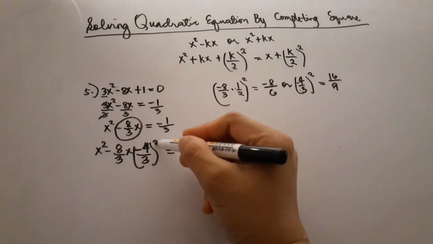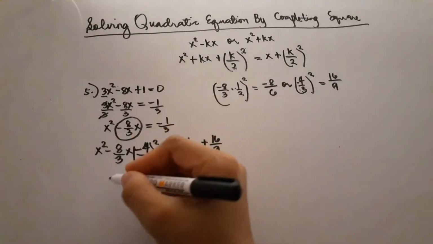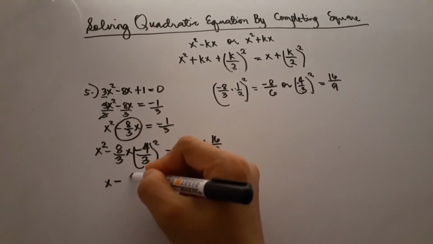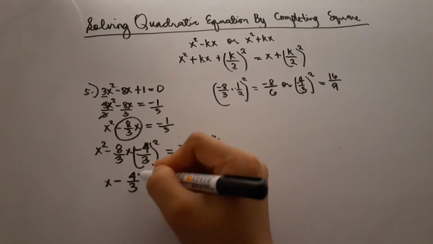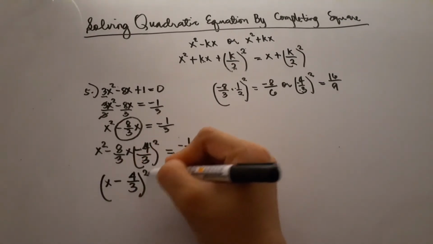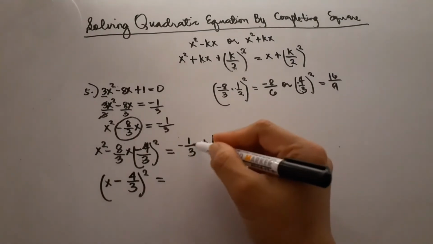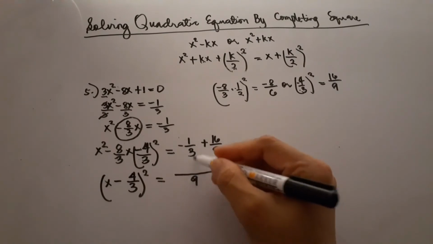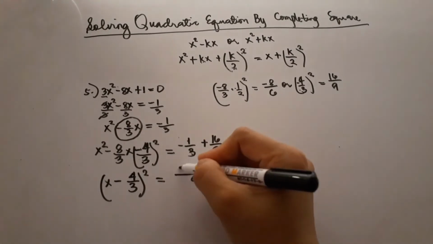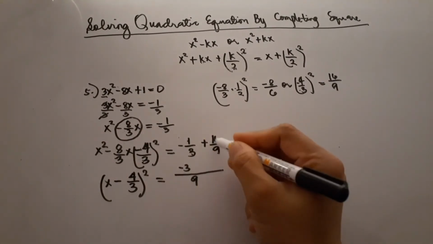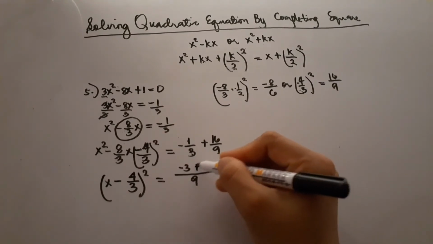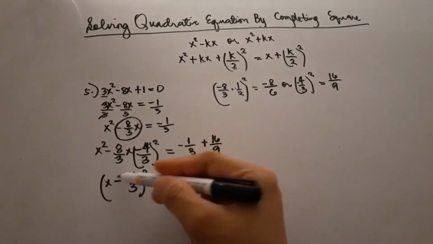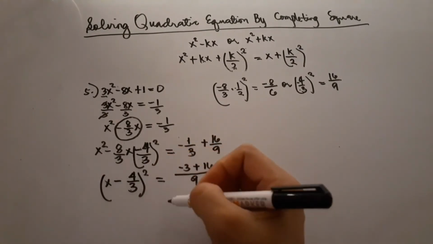And then to complete the square, we have (x - 4/3)² is equal to, we can have fractions here, so we can use the least common denominator. We have 9, so 9 divided by 3 is equal to 3 times -1 is -3, and then 9 divided by 9 is 1 times 16 is 16.